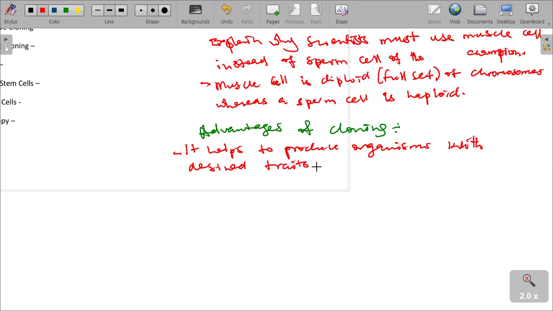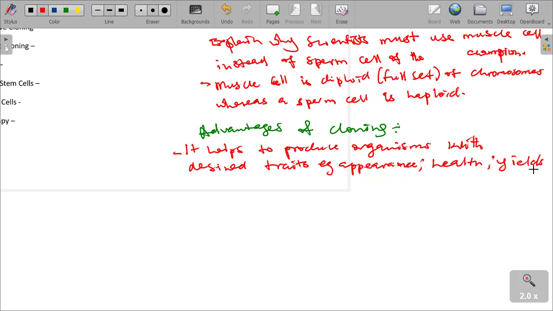The traits can be, for example, in terms of appearance, in terms of health, in terms of the yields.